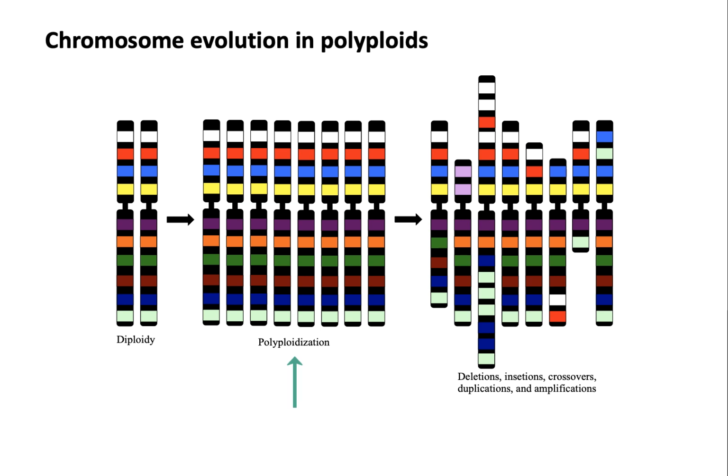And so you can have the polyploidization forming duplications of the chromosome sets, but then you can have chromosomes breaking off, recombining, changing in length by quite a bit, and even exchanging genes among them, and then some genes can mutate.